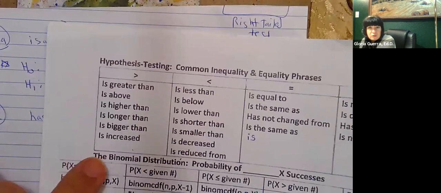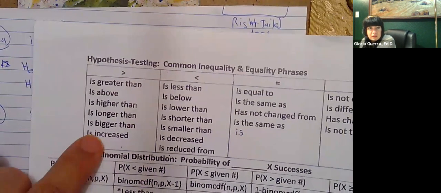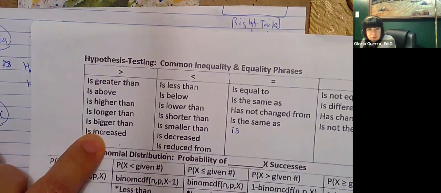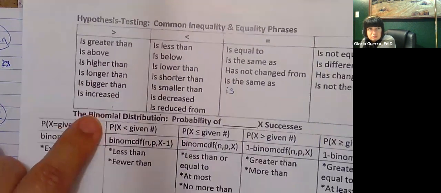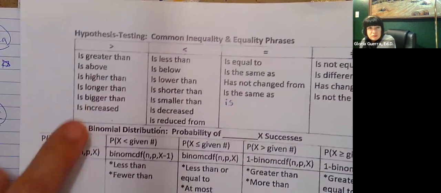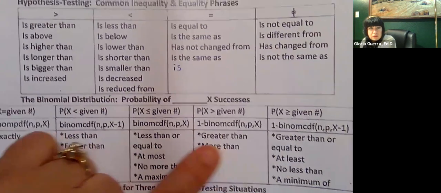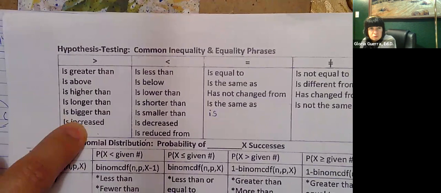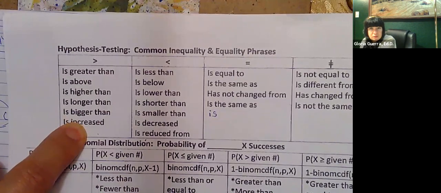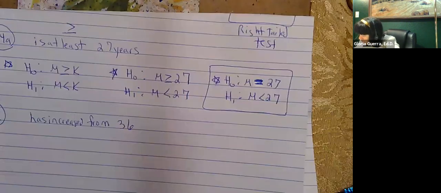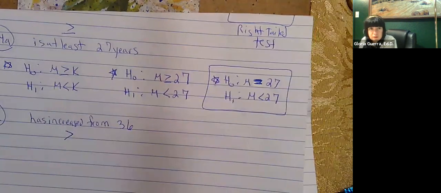Even though this doesn't have "has" in it, it has "increased," which is more important. So this one is tied to this. I didn't see increase down here at all, but that's really the only one that has increase, and here's the symbol for that. So just be careful because I got thrown off by that.